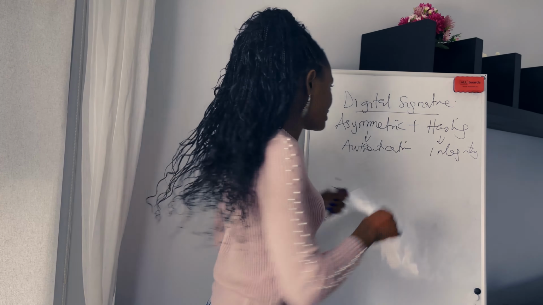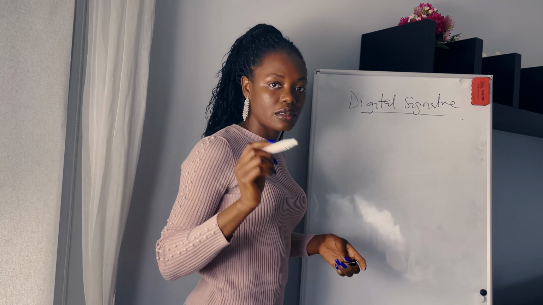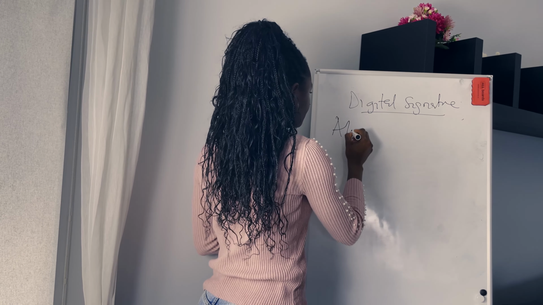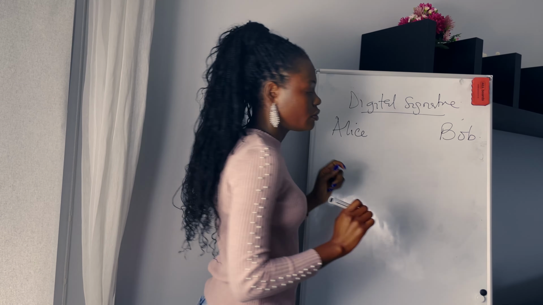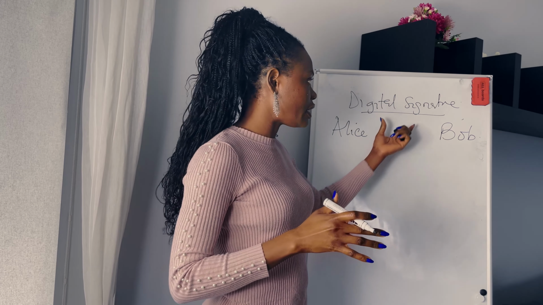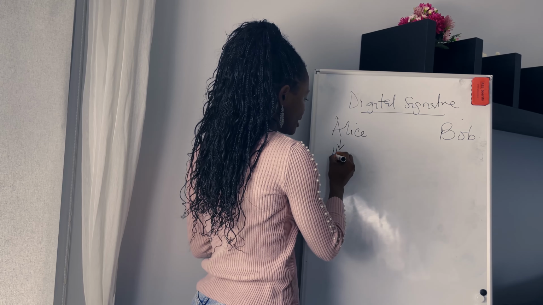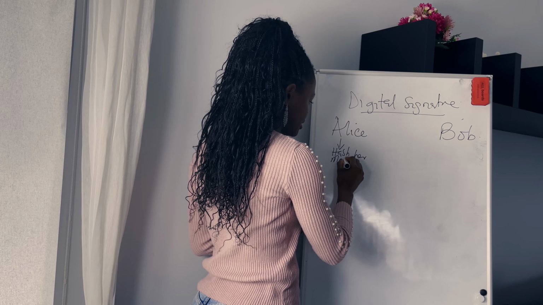Now let's bring it back to using Bob and Alice. So what happens in the case Alice wants to send a message with a digital signature to Bob? So this is Alice and this is Bob. Don't forget, we are referring to asymmetric encryption plus hashing. That's what digital signature is about. So the first thing Alice does is hash a message or a file or whatever it is.